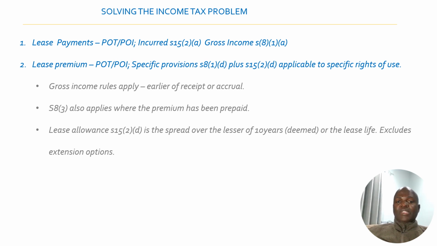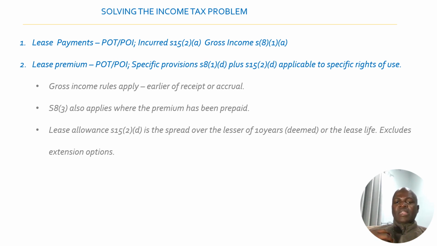But for the lease allowance, you have to complement the general deduction formula with section 15.2D, which then spreads this lease premium over the lesser of 10 years or the lease life. That 10 years excludes the extension options.